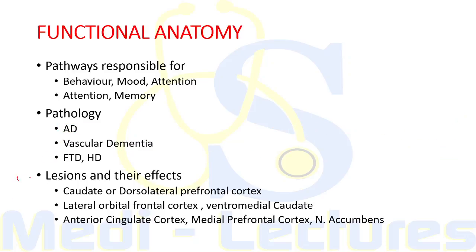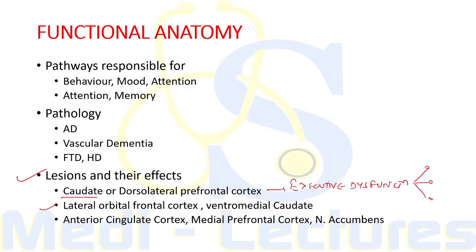Now let's see certain lesions in the pathways and what are its effects. Whenever there is damage to either caudate nucleus or its connection with dorsolateral prefrontal cortex or the dorsolateral prefrontal cortex itself, it leads to executive dysfunction. This executive dysfunction is characterized by poor organization and planning, decreased cognitive flexibility as well as impaired working memory.